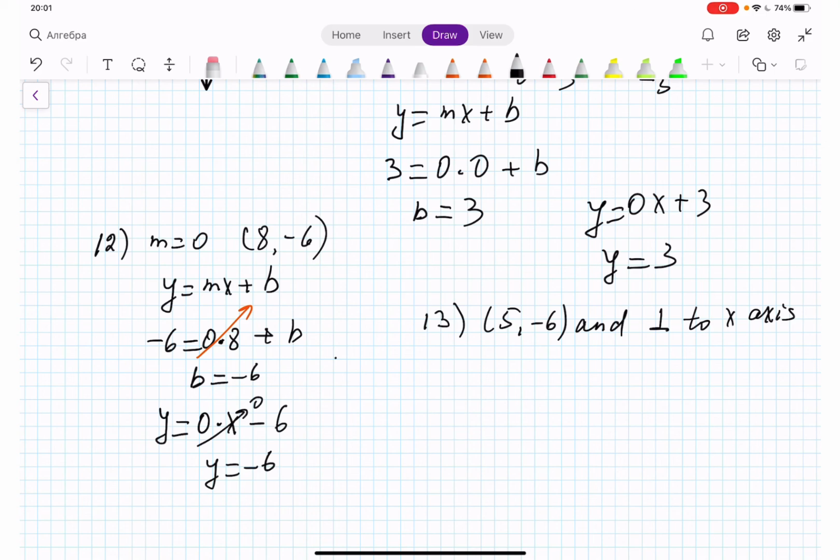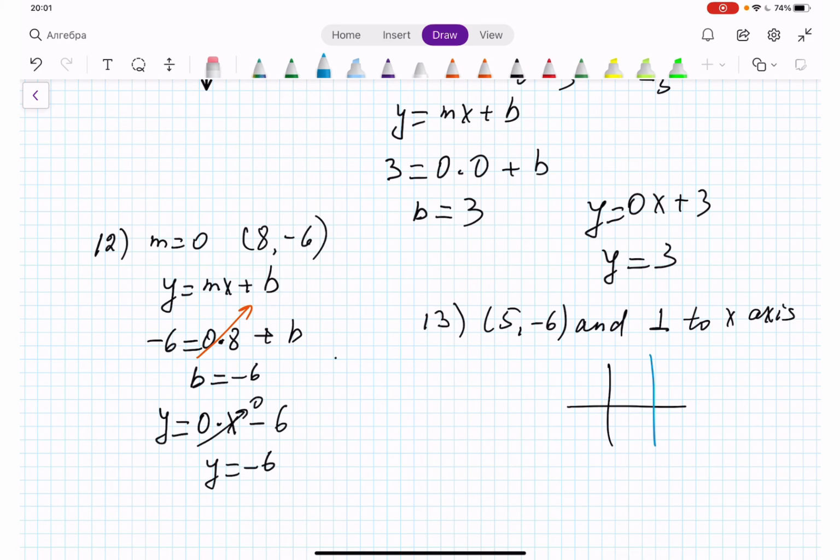The line is said to be perpendicular to the x-axis, which means it's running parallel to y, right?